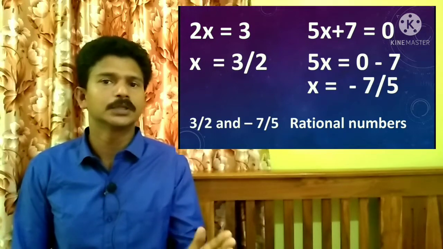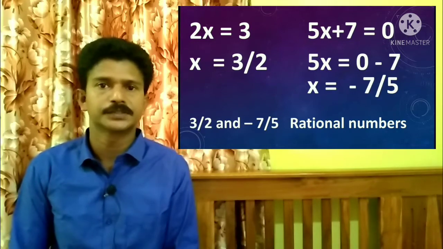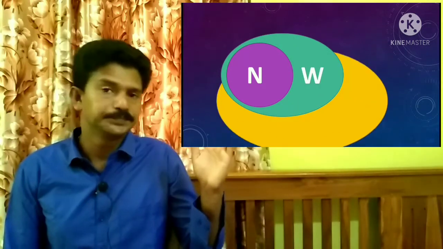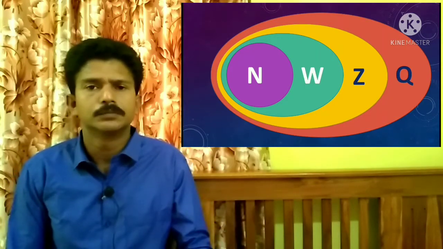We can't put a whole number or a natural number to solve these two equations. Here you can see the red circle which represents the rational numbers, inside which is the yellow circle representing the integers, the green circle representing the whole numbers, and the pink circle representing the natural numbers.